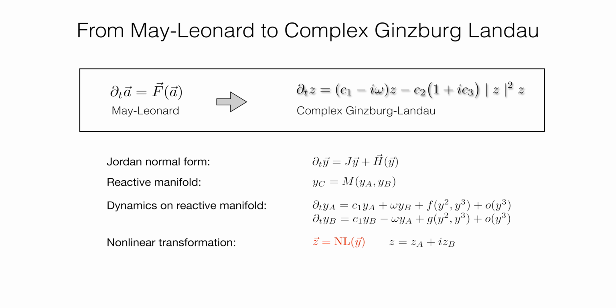And there's a method I told you by which you can reduce the nonlinear form to the simplest nonlinear form. And this is called the normal form of the problem. We found a nonlinear transformation from the Y's to the Z's. And then we could write it in terms of the Z variables, and that is the complex Ginzburg-Landau equation that you see here in the top slide. Right? So that was where we were at.